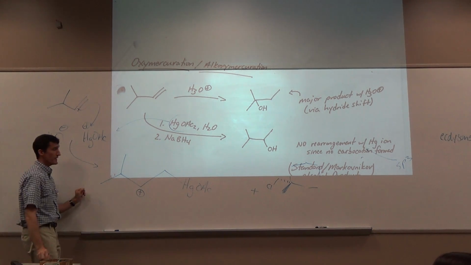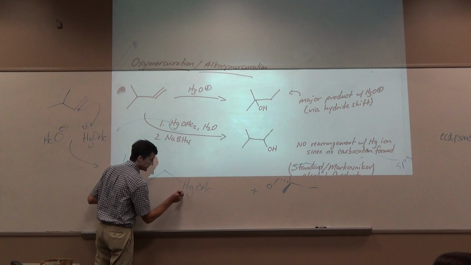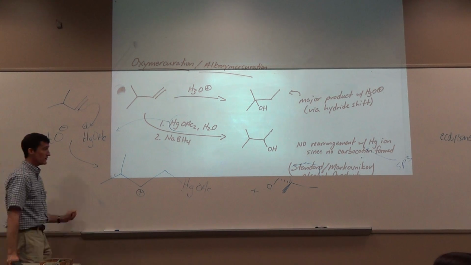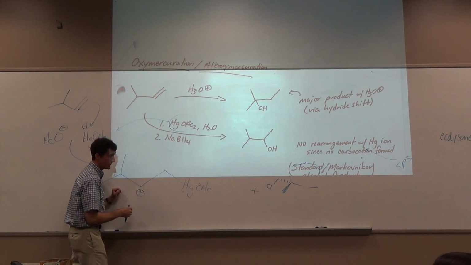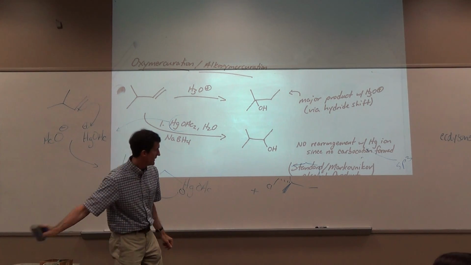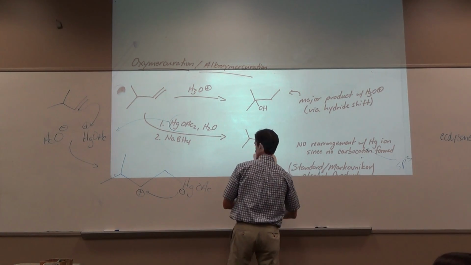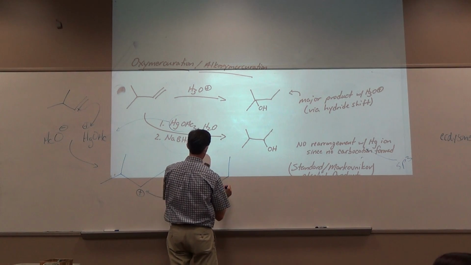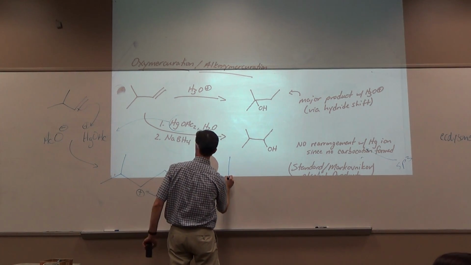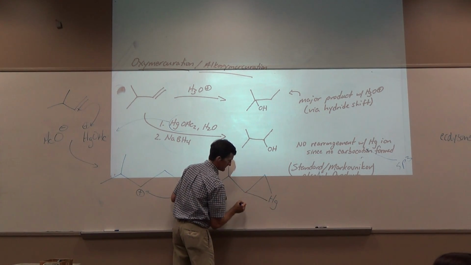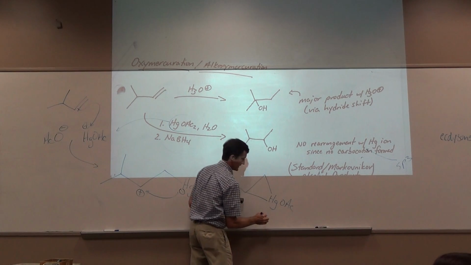Now one thing we need to know is mercury does have at least one lone pair. And because it has a lone pair, what do you suspect is going to happen here? Back bonding. And what will that give? It's going to give a mercury that's back bonded. It's got an acetate there.